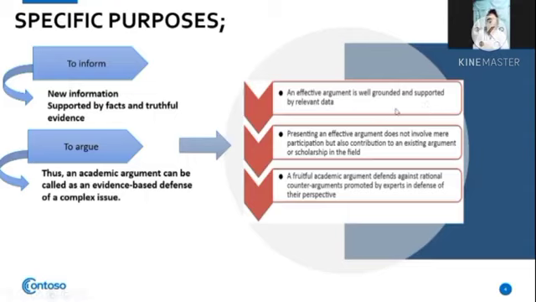The second one is that presenting an effective argument does not involve mere participation but also contributing to an existing argument or scholarship in the field. The third one is that a fruitful academic argument defends against rational counter-arguments promoted by experts in defense of their perspective.